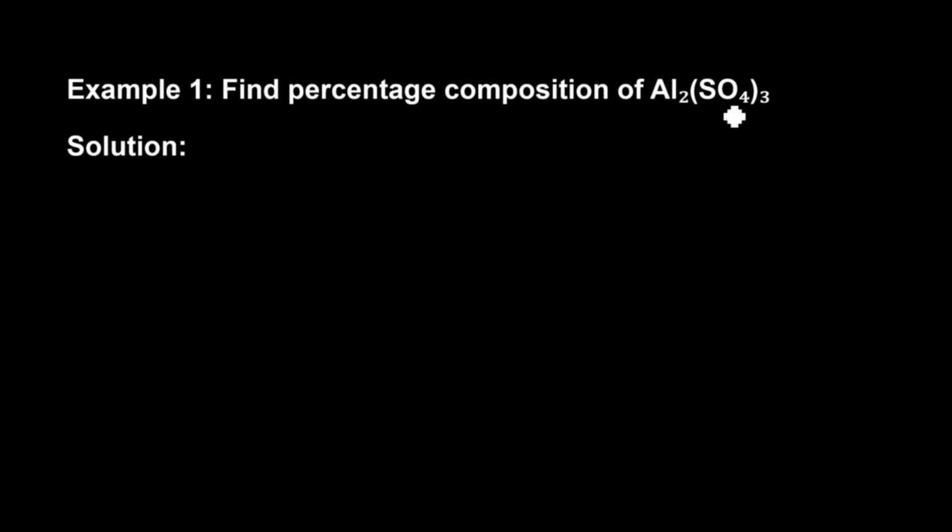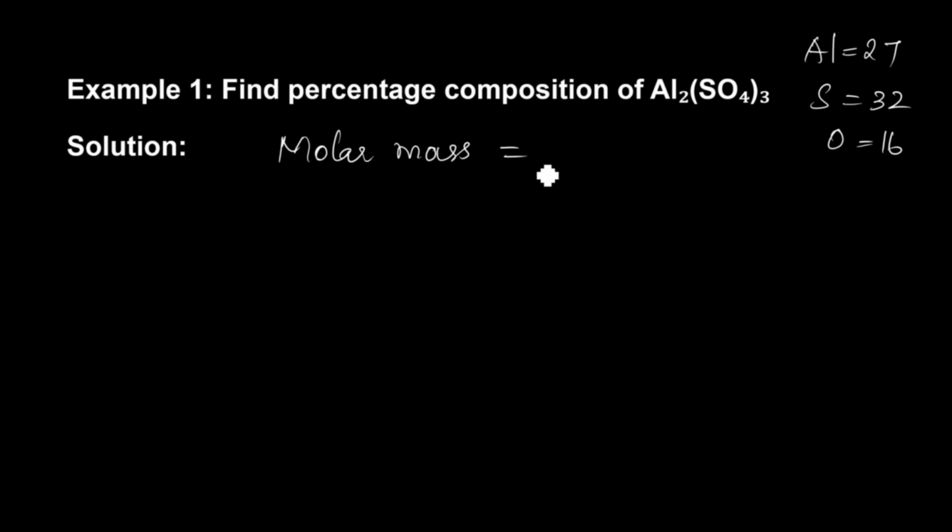Find the percentage composition of aluminium sulfate. Let's find it out one by one. What is the molar mass of aluminium sulfate? Aluminium is 27, sulfur 32, oxygen 16.